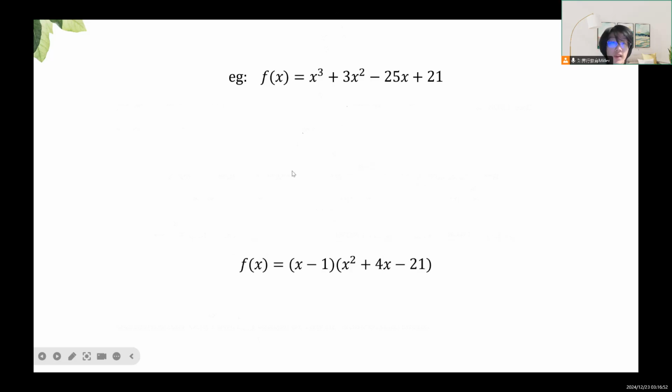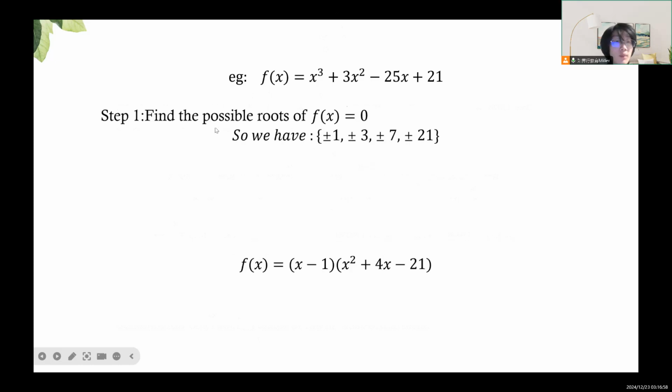So we can have an example. First step, we find the possible roots of this function f(x) equals x cubed plus 3x squared minus 25x plus 21.